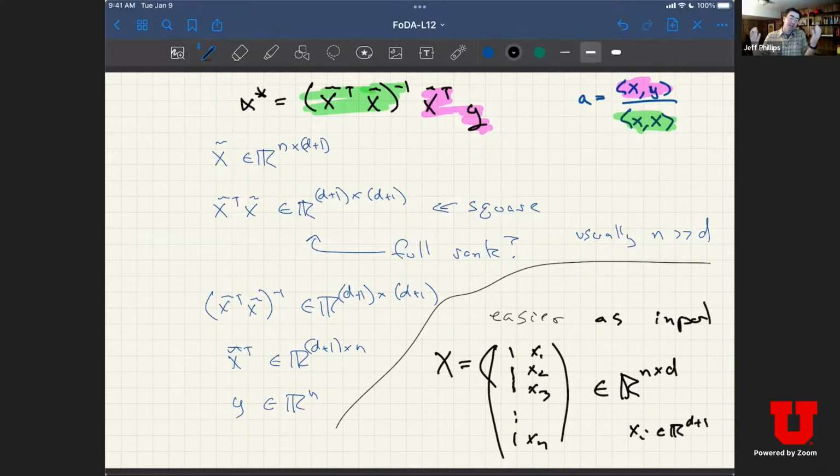This would have been a lot cleaner to write on the slides if I didn't have all these tildes, right? And if I could have written d instead of d plus 1 all the time. So often you might assume x has this form already. It already has all the ones in front of it.